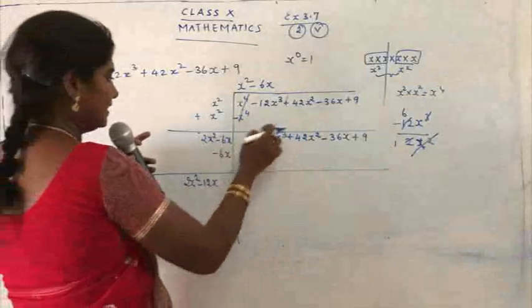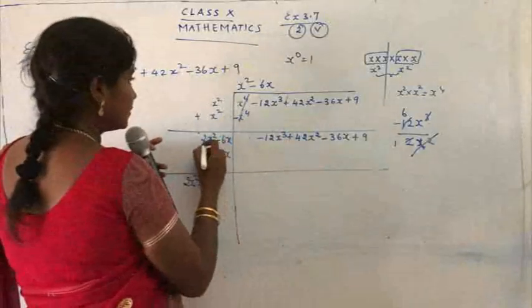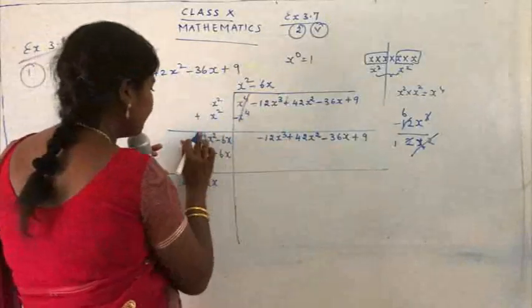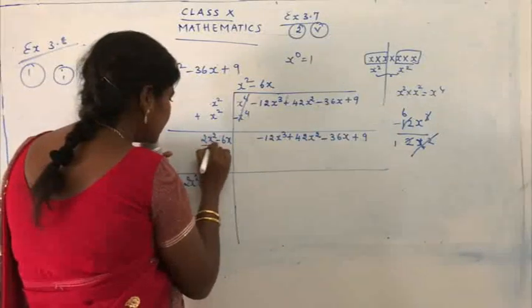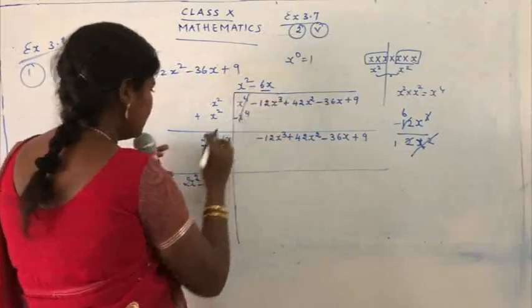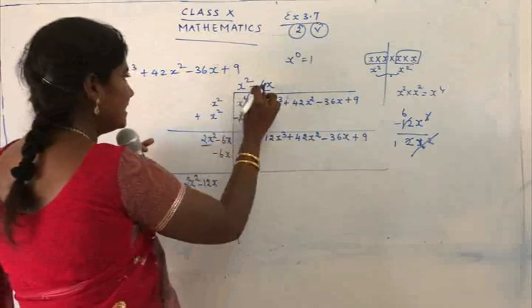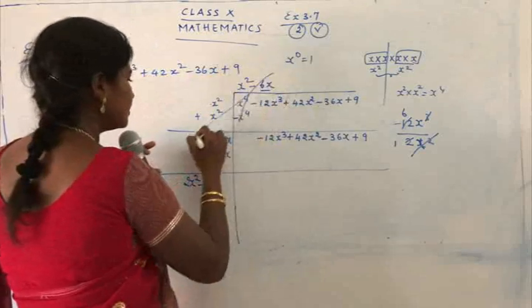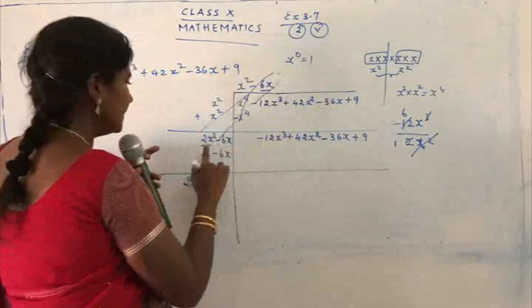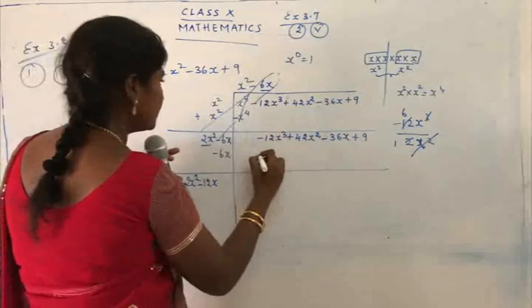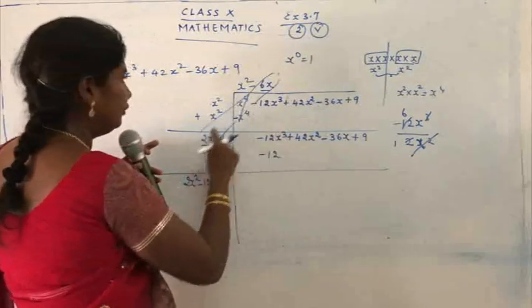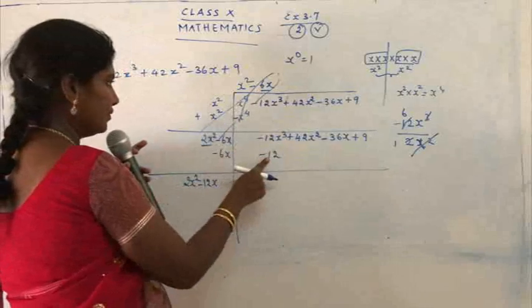So here let's find the answer for it. 2x square minus 6x. Here we have to take this and take this. So what is 2x square minus 6x? What is the answer? It's minus 12, since 2 into minus 6 is minus 12.